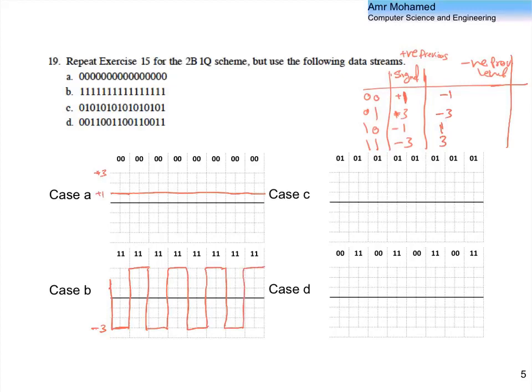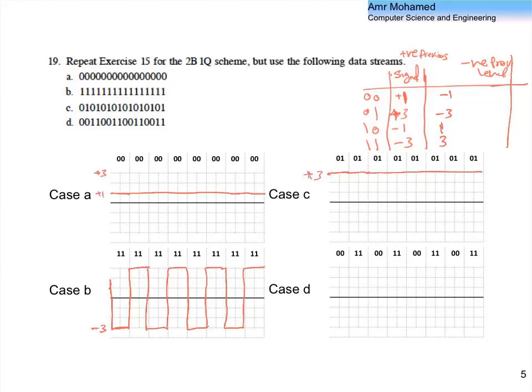Okay, so for case C, it was positive, so 0, 1, positive 3, so we go positive 3. Then it's again positive, so we go positive 3. So this is 3 and this is positive 3. So for 0, 1, 0, 1 all the way, so we go straight positive 3.